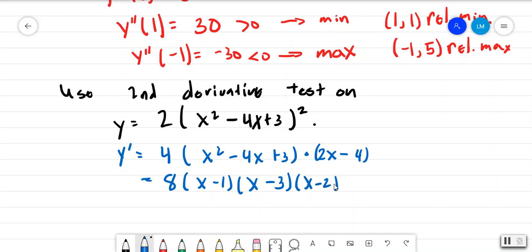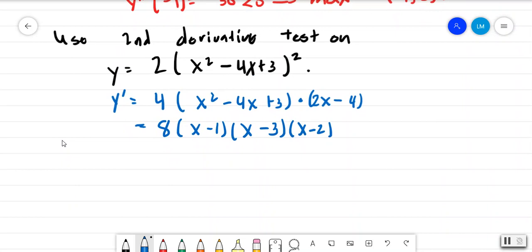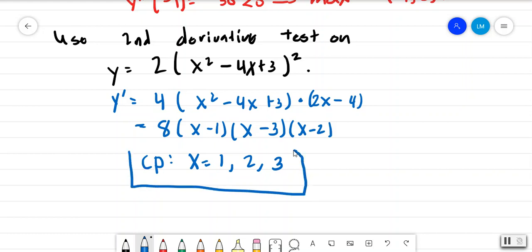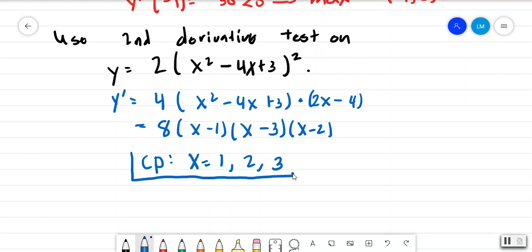Okay, so what this means is that our critical points are x equals 1, 2, and 3. We found our critical points just by setting it equal to 0. And I did a little bit of factoring there, in case you're wondering how I did that. I just factored.